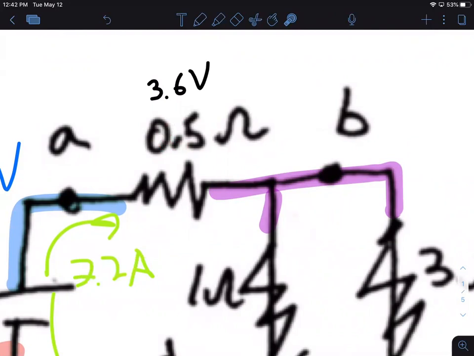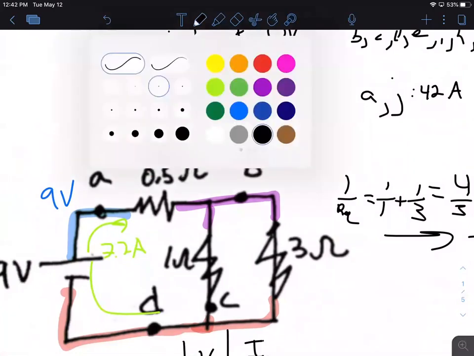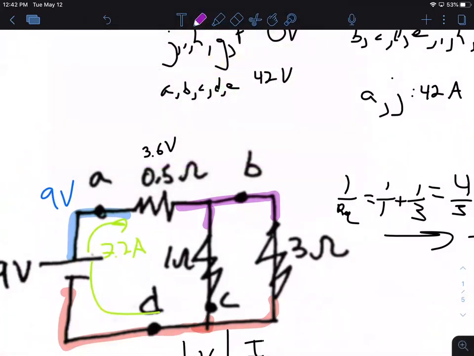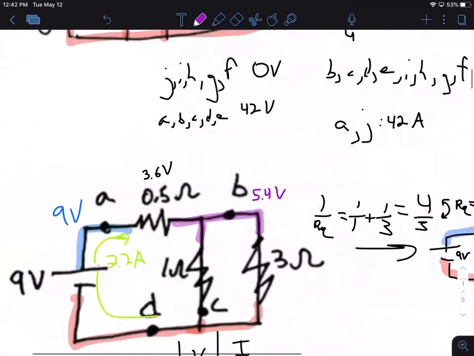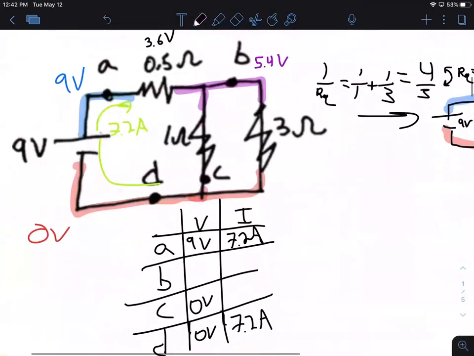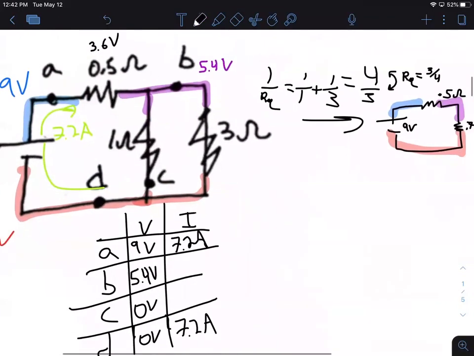R times I. All right, 3.6, 9 minus 3.6. That means my purple area over here is 5.4 volts. Add that to my table. 5.4 volts. Cool.